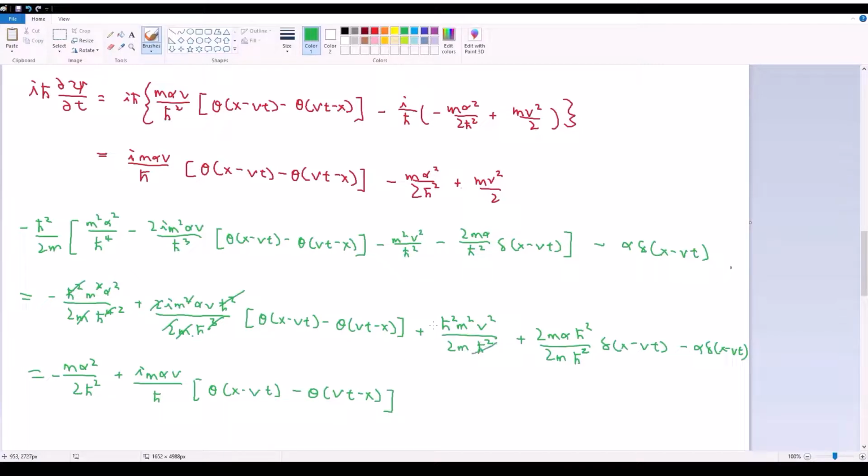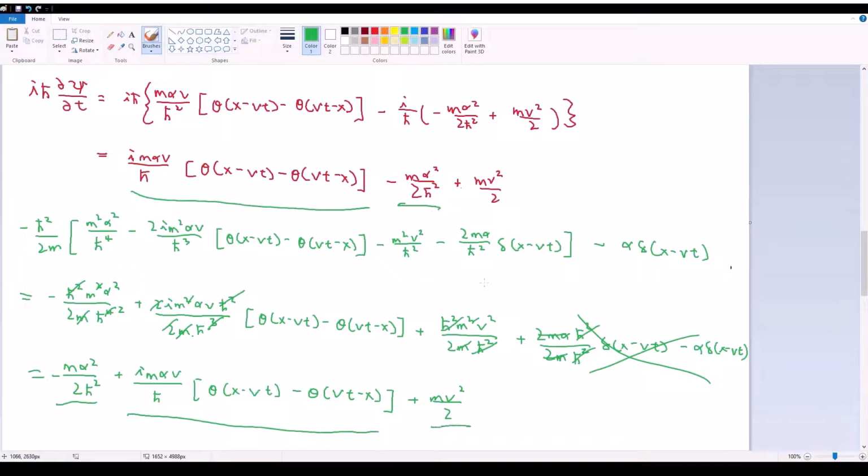Over here, ħ squares cancel, m cancels with the m, so plus mv²/2. Over here, the two m's cancel, the ħ squares cancel. We have plus α Dirac delta(x − vt) minus α Dirac delta(x − vt), so that just cancels out to nothing. And we have a matching term here with this, a matching term here with this, and a matching term here with this. So the Schrodinger equation is verified. This is in fact a valid solution, and we are finally done with part A.